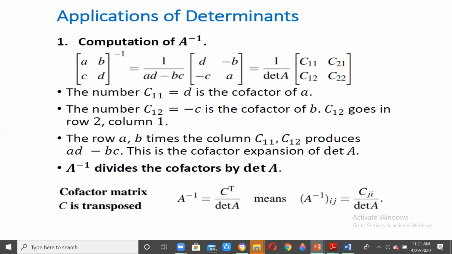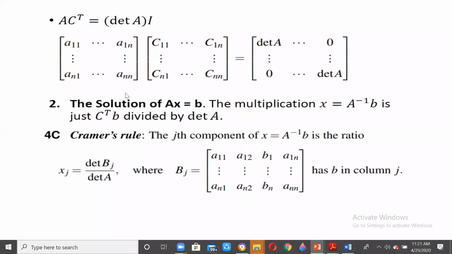Then you can multiply both the sides by A here. If you multiply this by A on both the sides, A inverse times A will be I, and here you will be left with A C transpose divided by determinant of A. If you cross multiply I into determinant of A, it will give A C transpose, and that is what is written over here.